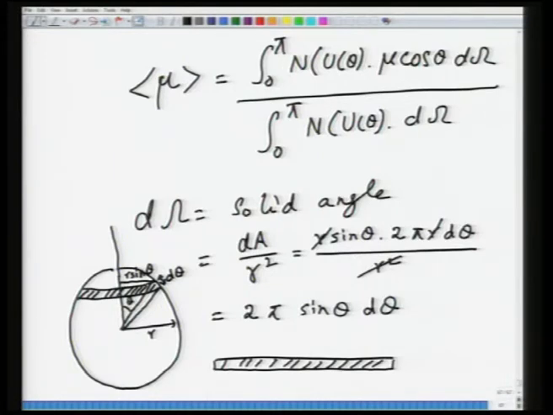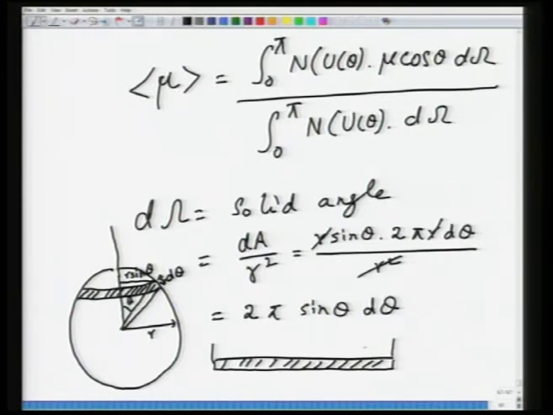So you have a circle of radius r sin theta, and the length would be 2 pi r sin theta, whereas this would be r d theta. If you multiply these two together, you get 2 pi r sin theta into r d theta.